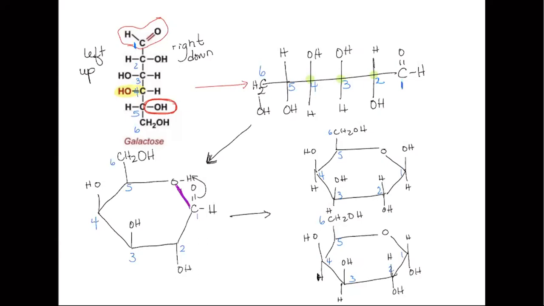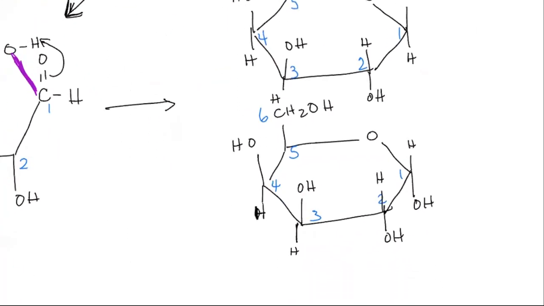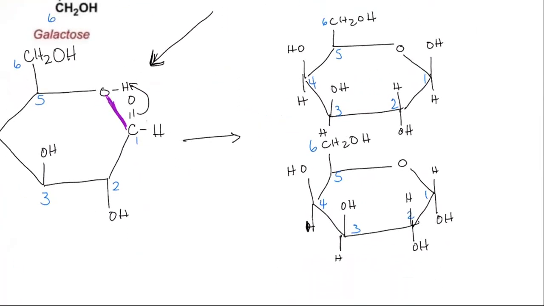The important thing is that if I give you these Haworth projections, you will be able to tell me which one is alpha and which one is beta. So in order to determine alpha and beta configuration, you will be looking at carbon number 1, always, always.